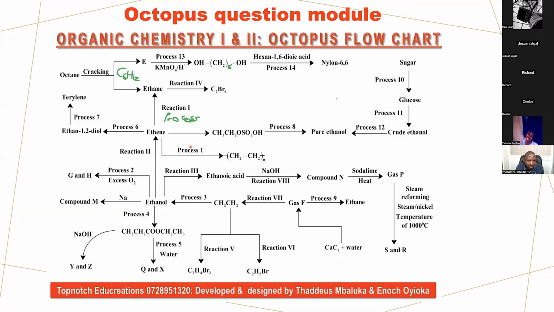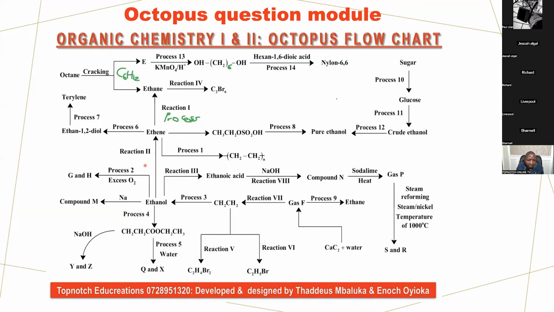So must you specify the temperature and pressure? No. For polymerization, it is enough to say high pressure and high temperature. The catalyst is part of the polymerization process.